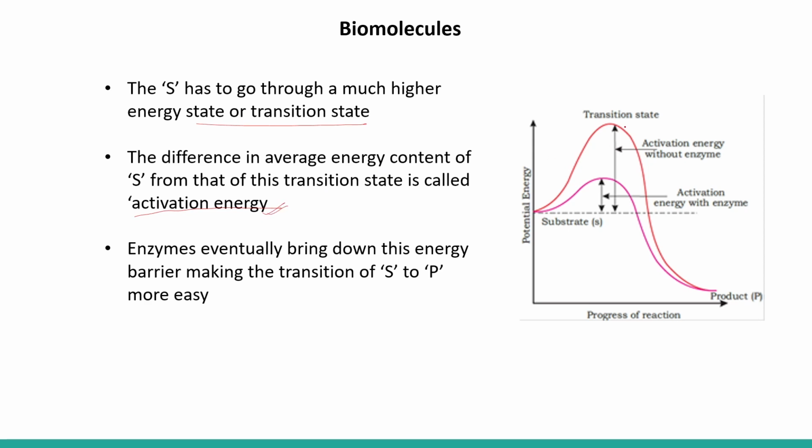So this transient state defines the activation energy: how much activation energy is required in the reaction in which no enzyme is present, and in the reaction in which enzyme is present. So enzymes bring down this energy barrier, making the transition from S to P easier.